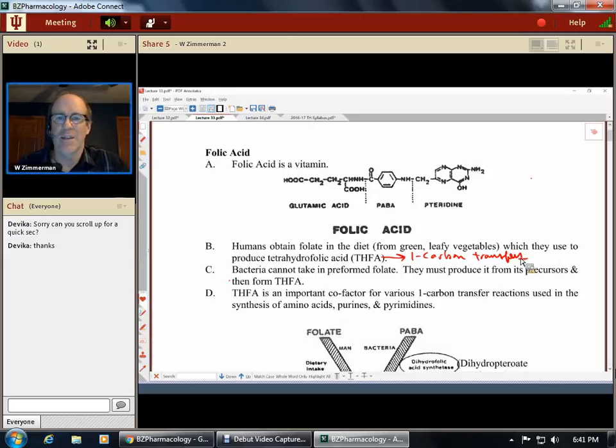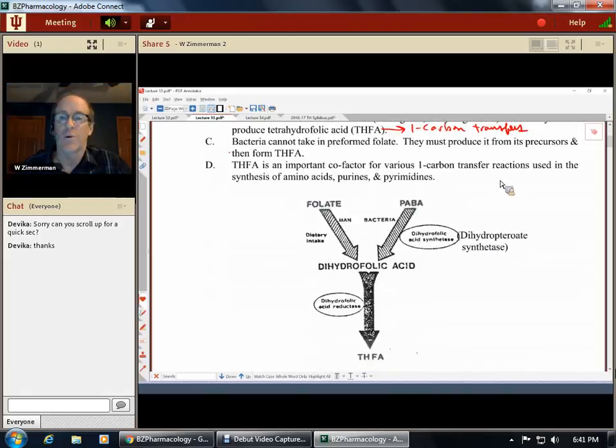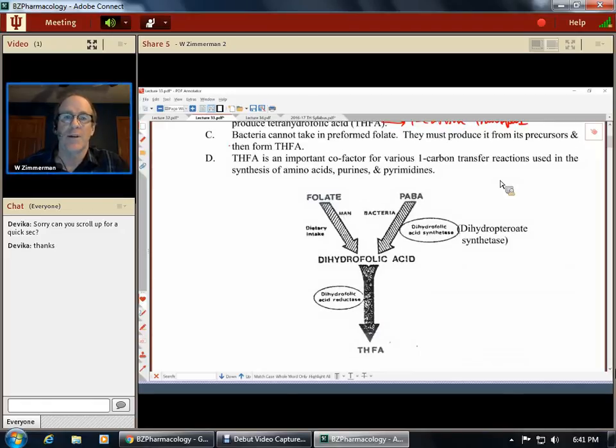Bacteria can't take in that folate. They have to produce it from precursors, and then they form the tetrahydrofolate. But the tetrahydrofolate is an important cofactor for various 1 carbon transfers, used in amino acids, purines, and pyrimidines. So, bacteria have to produce the dihydrofolic acid.